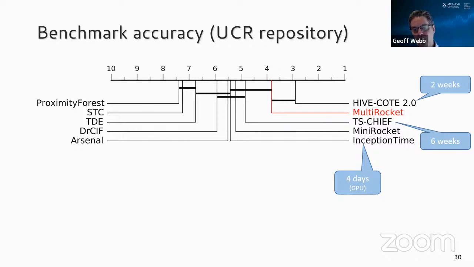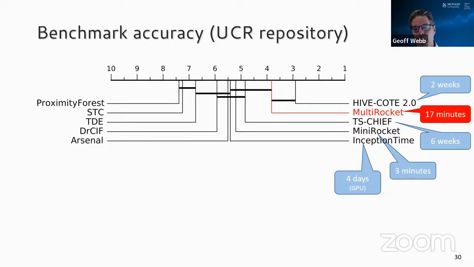Inception time requires 4 days on a GPU, which is a much more powerful form of processor. These other results are on CPUs. In contrast, MultiRocket can process the entire archive in just 17 minutes, and MiniRocket requires just 3 minutes.